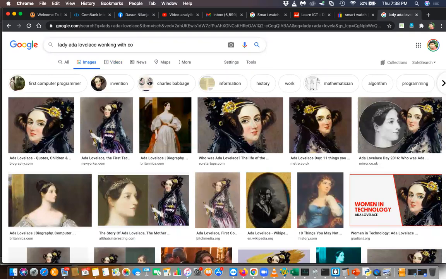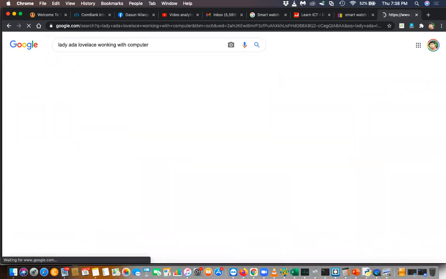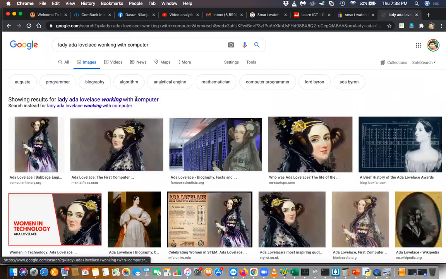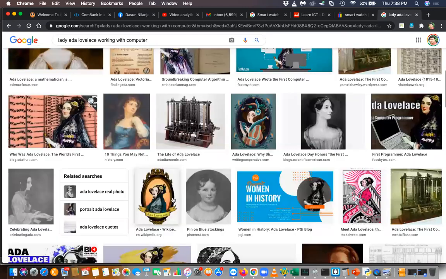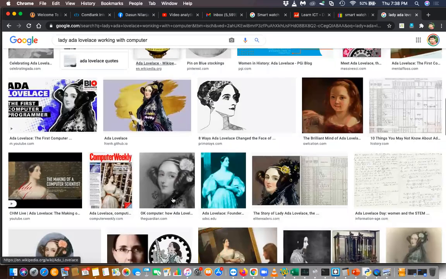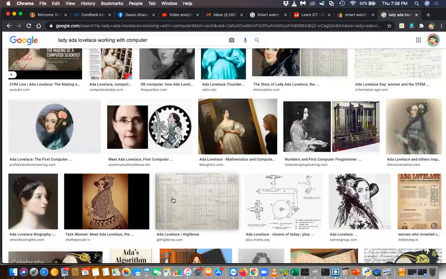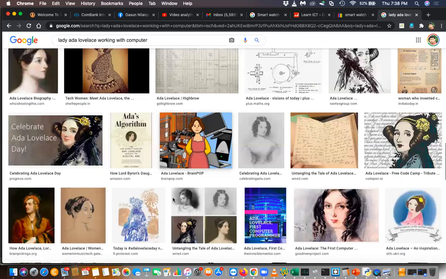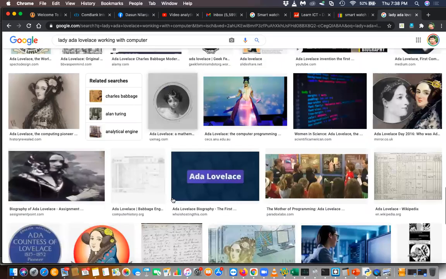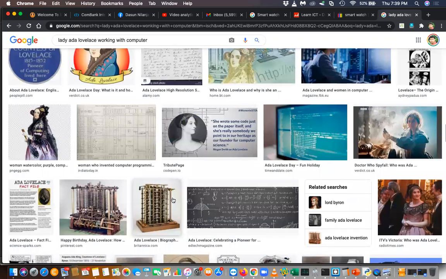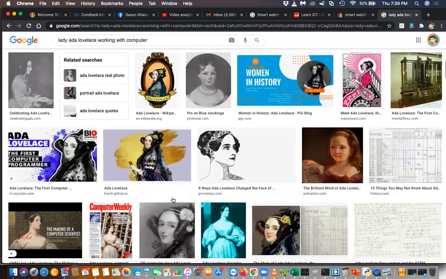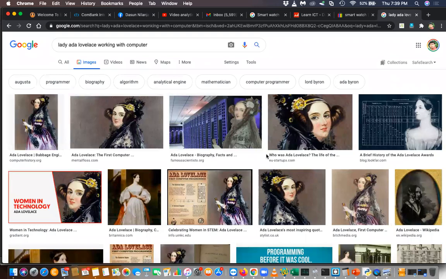You cannot see her working with a computer, only some drawings are there. Her face is quite similar to Ada Lovelace, that's why I said that, but only some drawings are there.